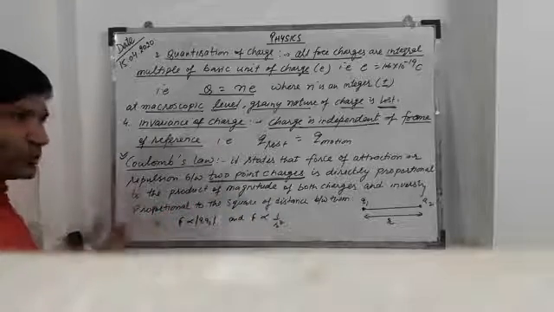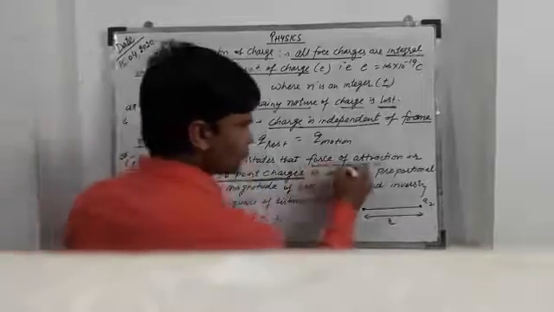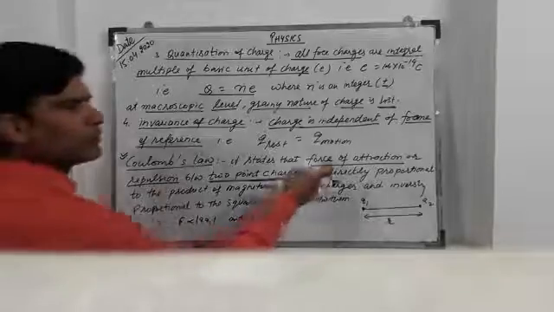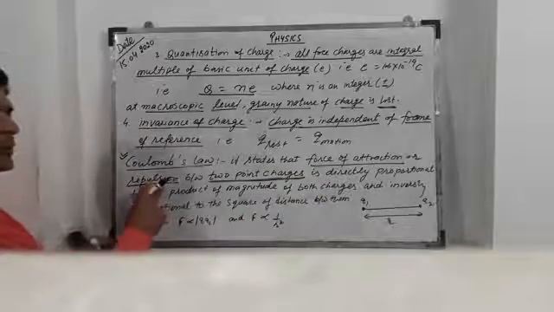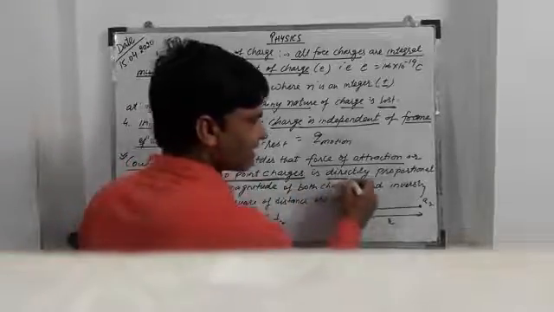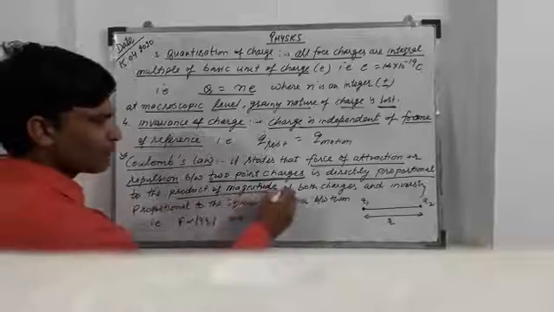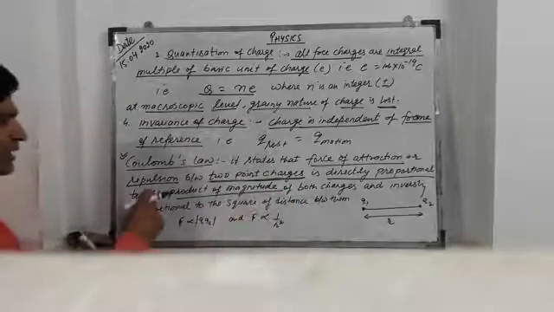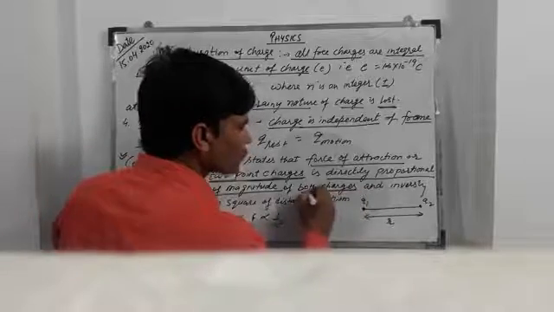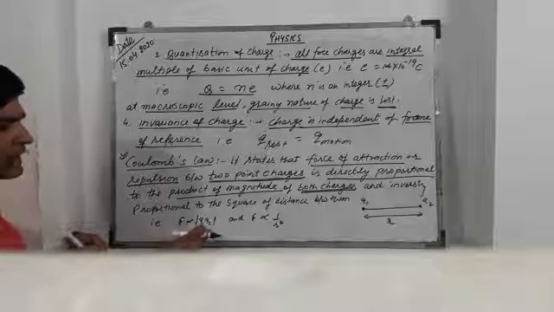Since there are two types of charges, it states that the force of attraction or repulsion between two point charges is directly proportional to the product of magnitudes of both charges. That is, F proportional to q1 q2.